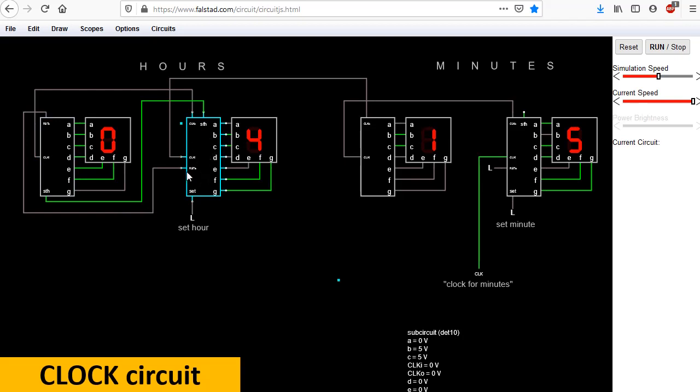So that counter in this subcircuit is reset in 2 cases. First when 10 here arrives, and when here is 2 and here 4 arrives. Here we can set minutes.